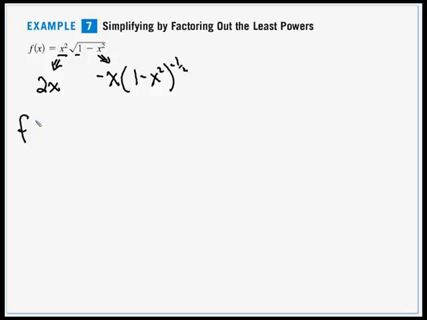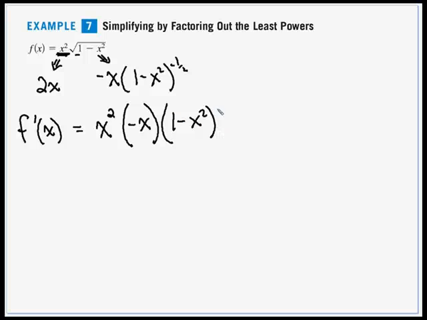So we have our two functions and their derivatives, and we're ready for the product rule. F prime of x equals the first times the derivative of the second. First, x squared, times the derivative of the second, which is another -x times our quantity to the -1/2 power.